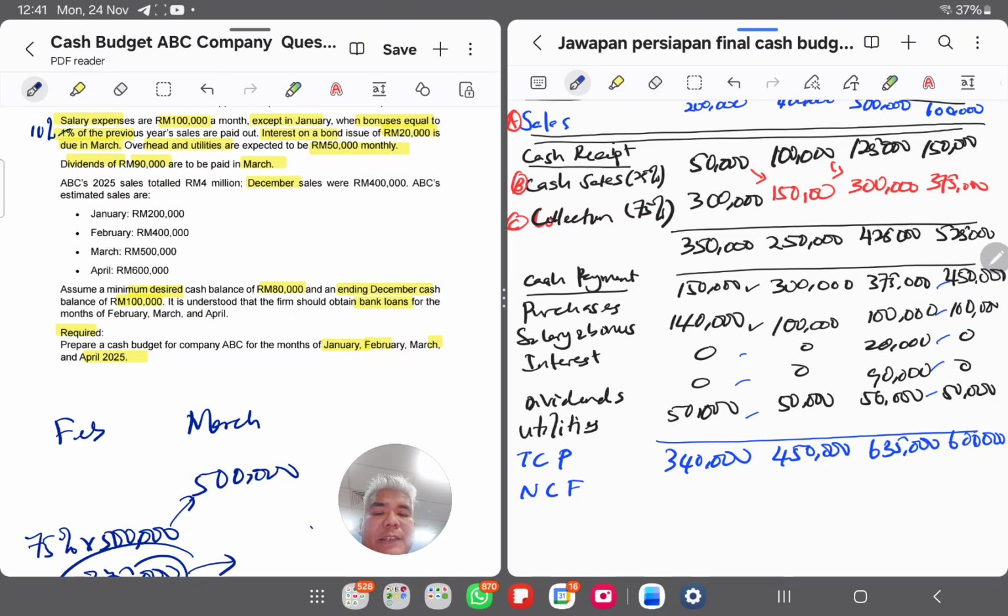Net cash flow is, this is the total cash receive, TCR here, minus TCP. 350 minus 340 is 110,000.